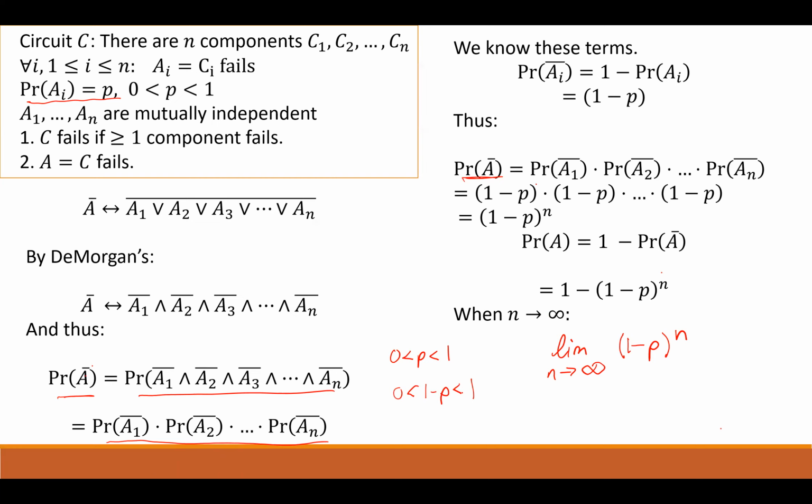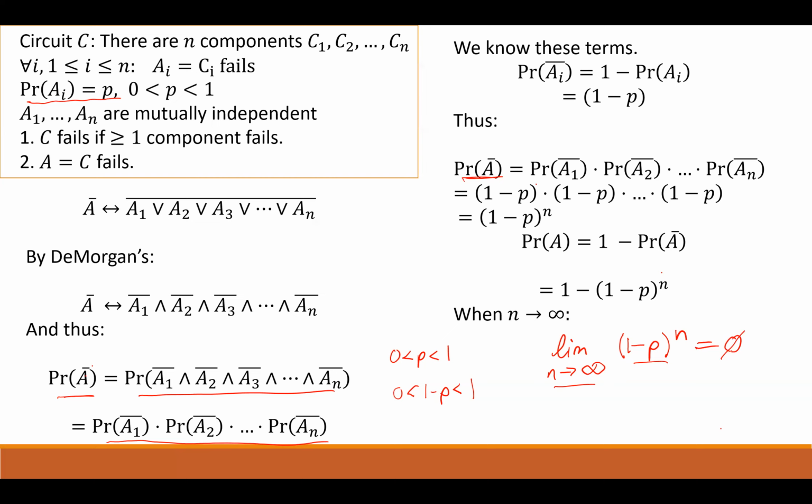So what's the limit? If I take any fraction, because it's less than 1, every time I multiply it by itself it gets smaller and smaller. Let's say it was a half. Half times itself is a quarter, times itself again is an eighth, then a sixteenth, and times itself an infinite number of times is 1 over infinity, which is 0. So the limit of this expression as n goes to infinity is 0.